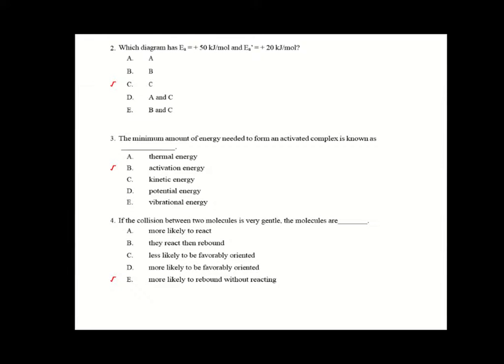Which diagram has EA 50 kilojoule per mole and EA 20 kilojoule per mole? Going back to the previous slide, in reaction C, the activation energy is 50 and 20.